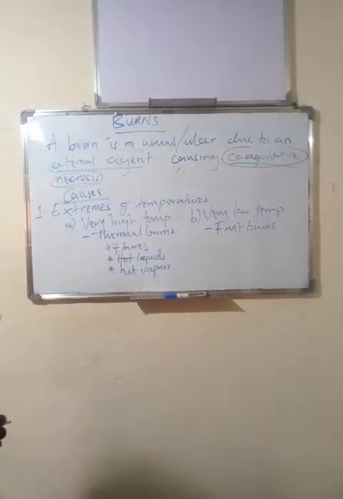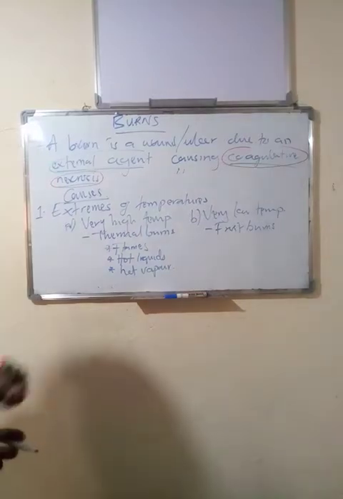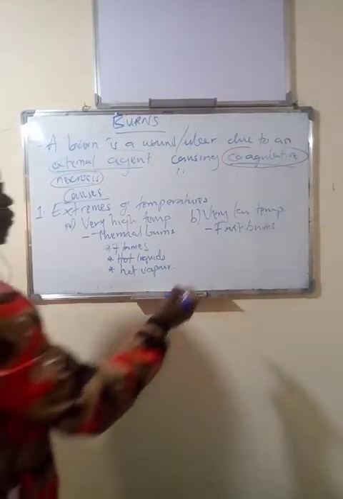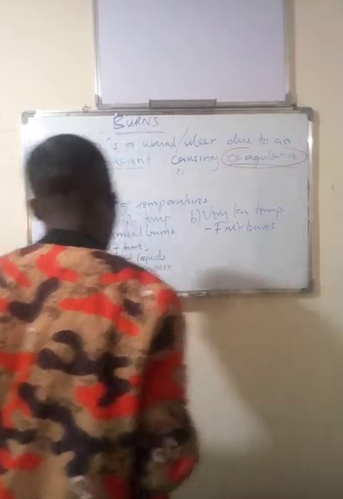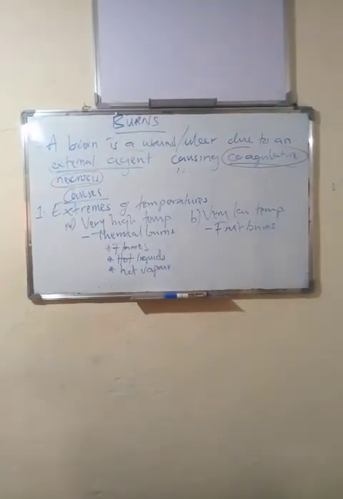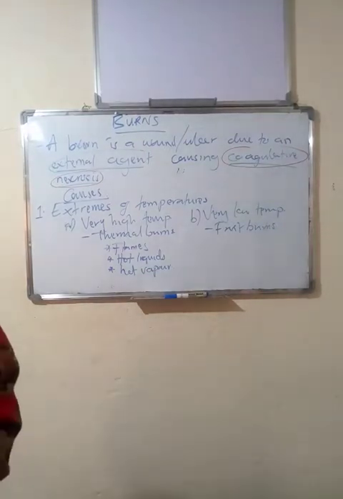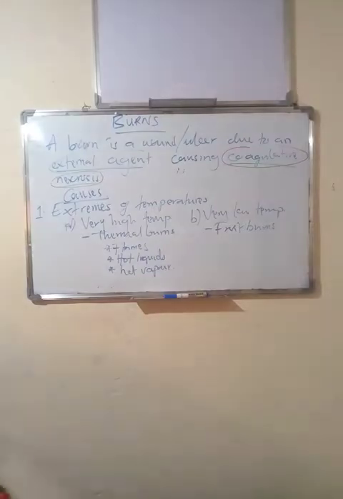So these are some of the causes of these thermal burns. Then of course we also have the frost burns due to very low temperatures. Now, other than extremes of temperature, we can also have what are called chemical burns.